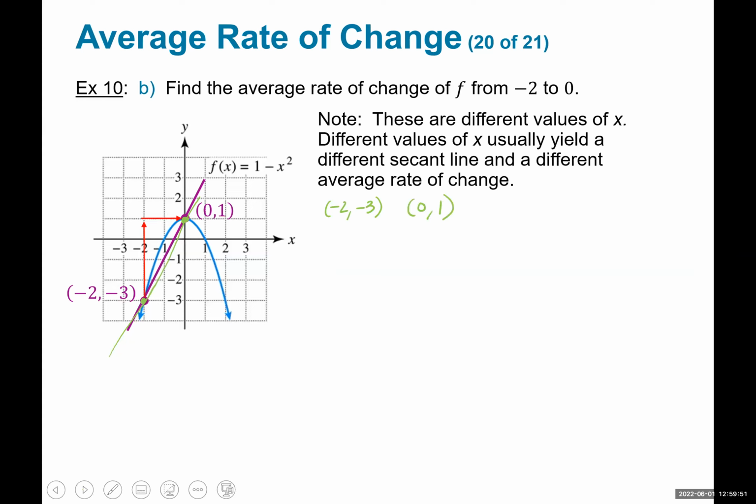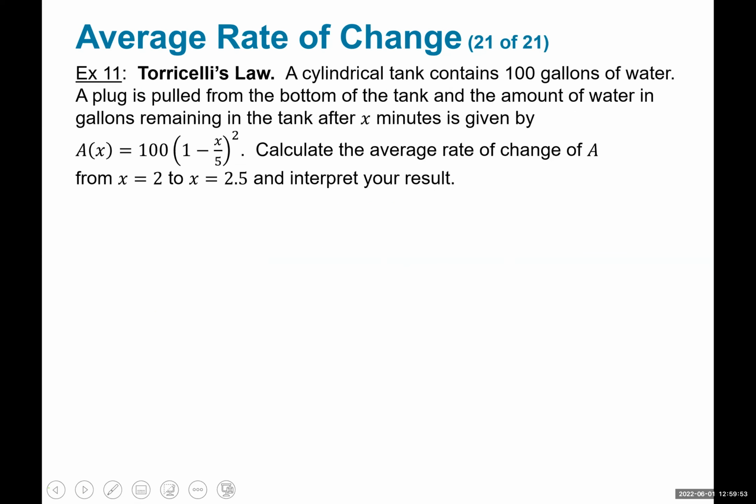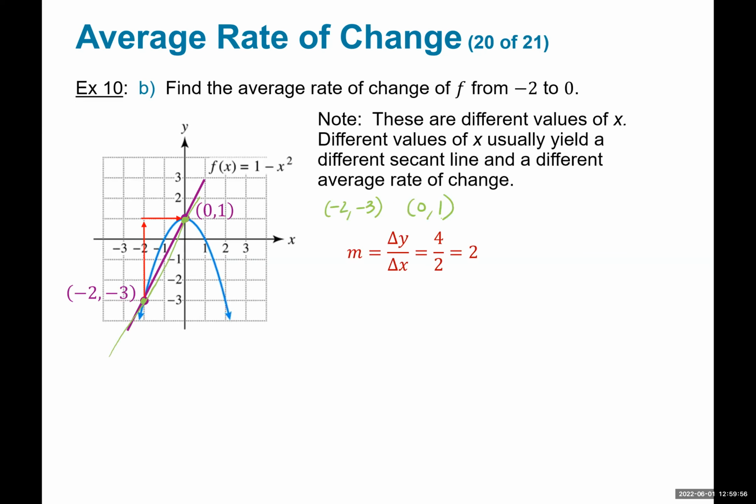So basically we say 1 minus -3 over 0 minus -2. That becomes addition and that becomes addition. And then it's 2. So the average rate of change is 2. Of course, we're not actually finding a slope. We're just finding an average rate of change.